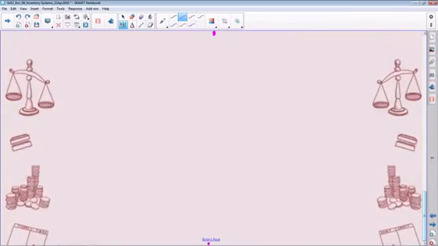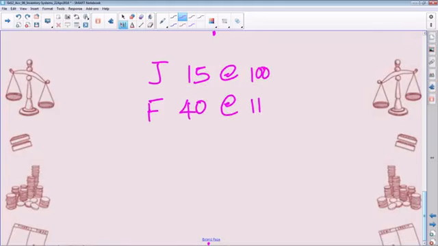Let me give you an example. If I bought in January, I bought 15 items at 100 Rand. We're not going to do the values. In February, I bought 40 items at 110 Rand. In March, I bought 10 items at 120 Rand.